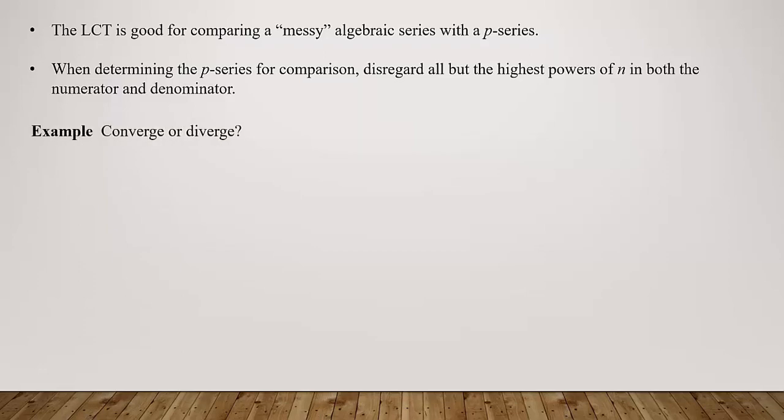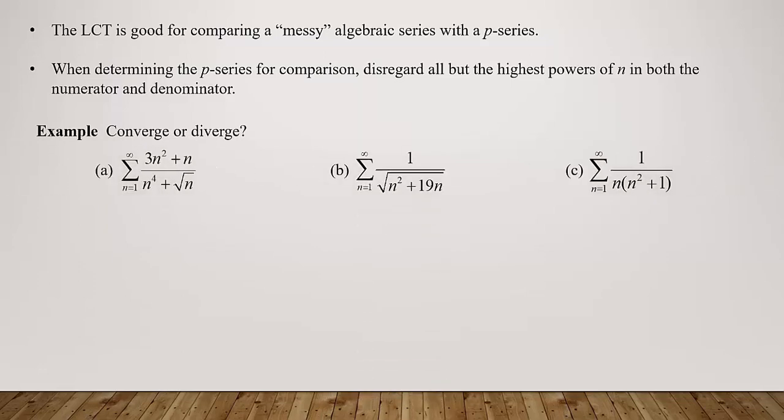To show you how this works, let's do an example. I have 3 parts to this example. Part A is starting to look a little bit like messy algebra, but you know what the drill is. I'd like you to write these 3 down in your notes, because I'm going to head off to the chalkboard and work them out.